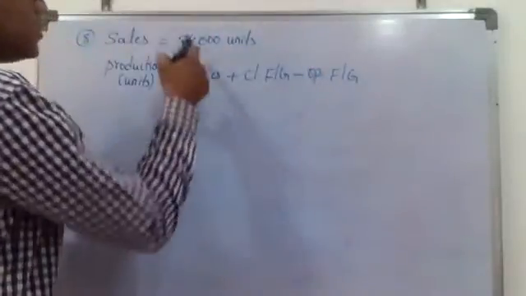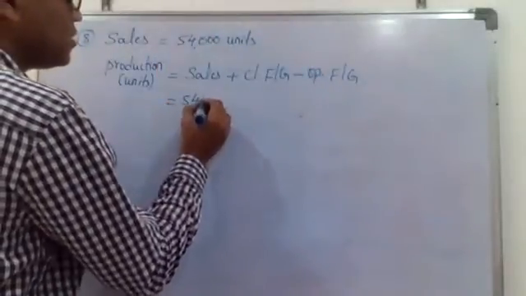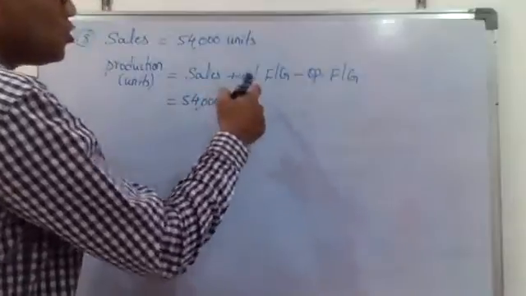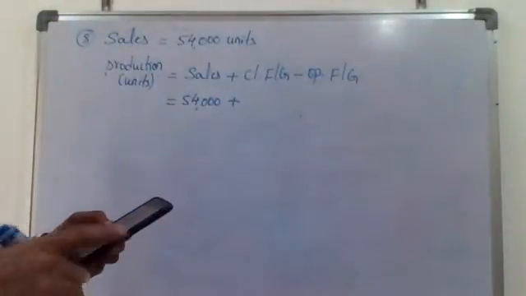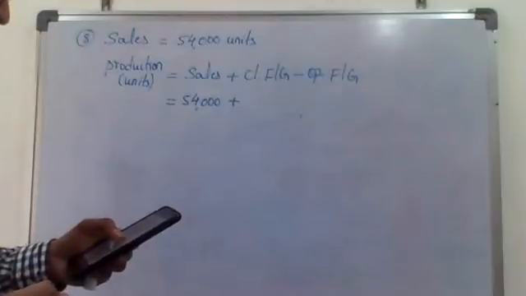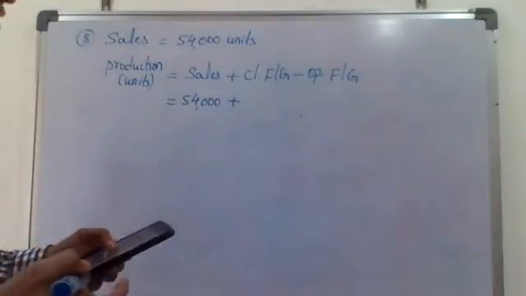Sales given to me is 54,000 units, so I bring it here. Go to the question and find the opening and closing finished goods. Beginning of commencement of next year is 10,000. Closing balance at the end of next year is 14,000.